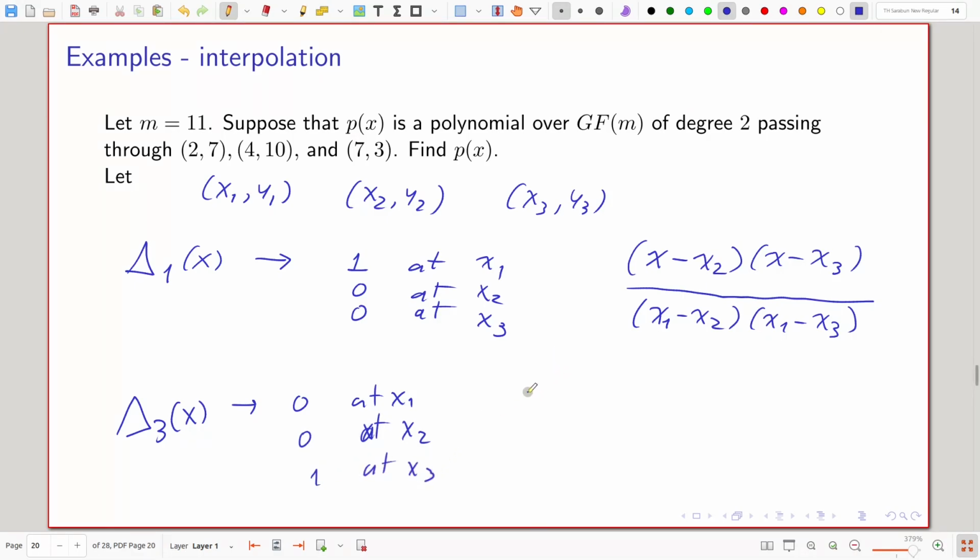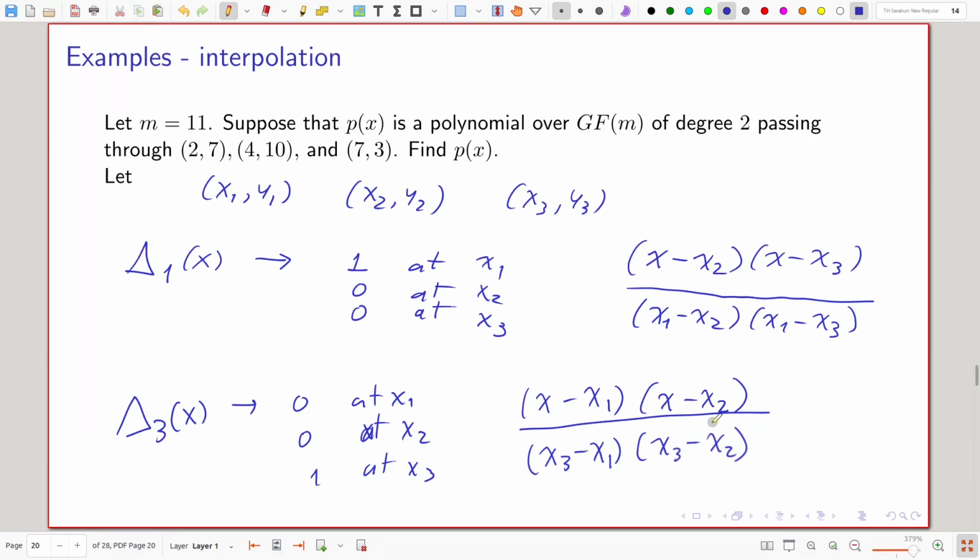So delta 3 would look like x minus x1, x minus x2, and you want it to be 1 at x3, right? So you plug in x3 into the top expression. So that would be delta 3, okay? You should figure out delta 2 yourself and do the calculations, okay?